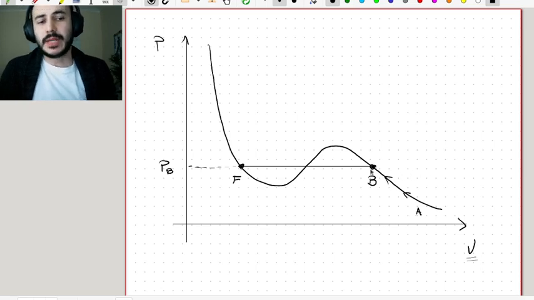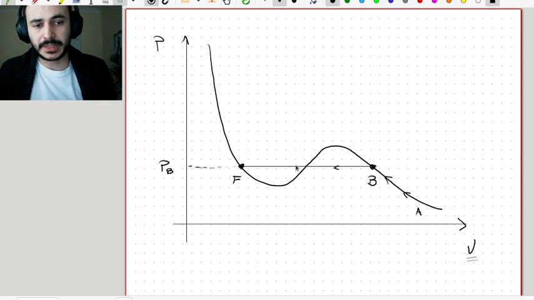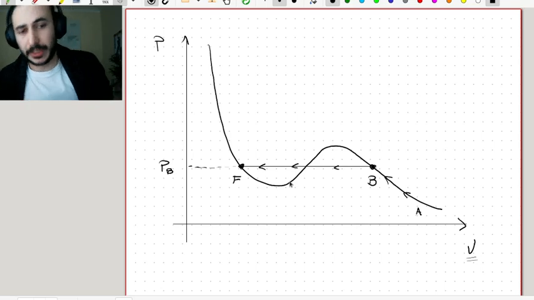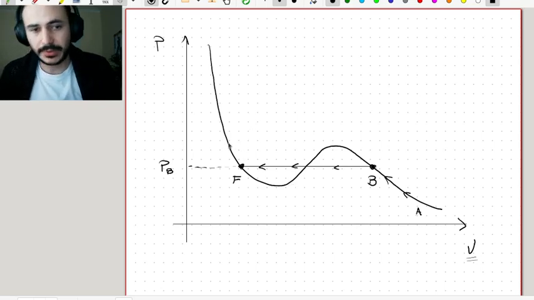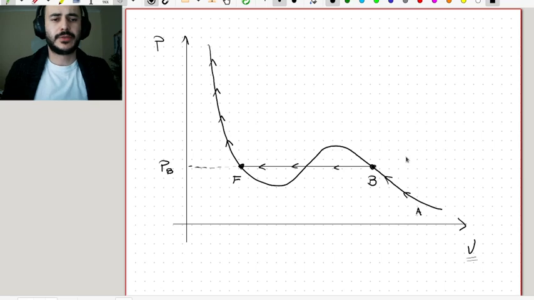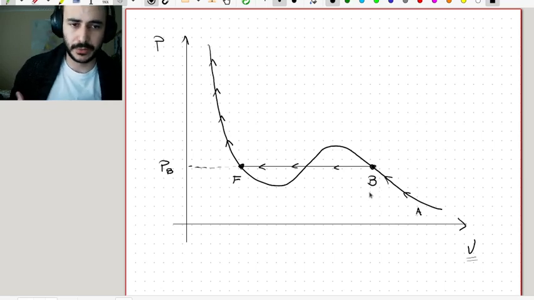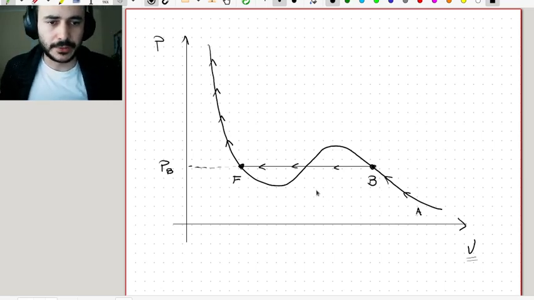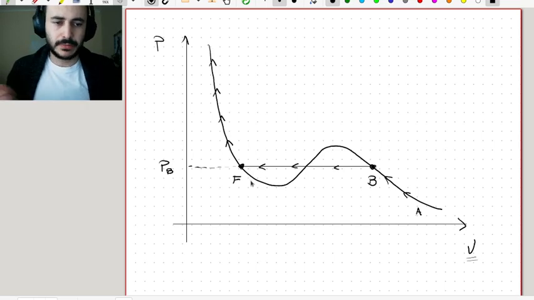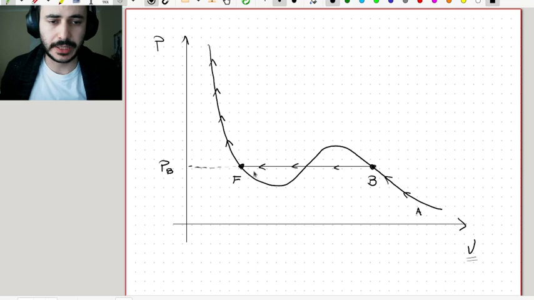And what happens as I keep compressing is that more and more of the gas is turned into liquid until everything is liquid. And when I compress further, compressing liquid is much harder than compressing gas, so that's why the pressure is rising so steeply there. Okay, so I will advance the result first, and then I will tell you why this is the case.